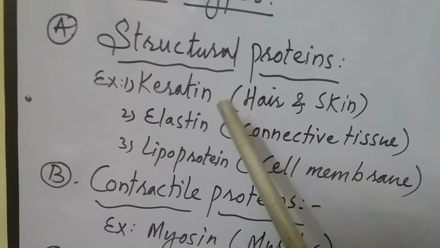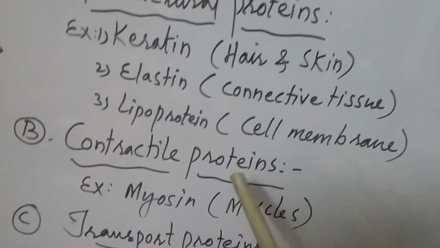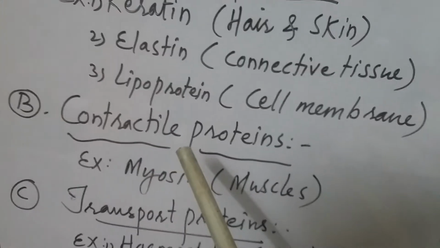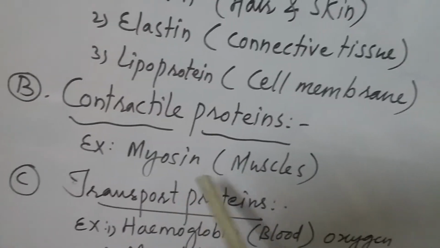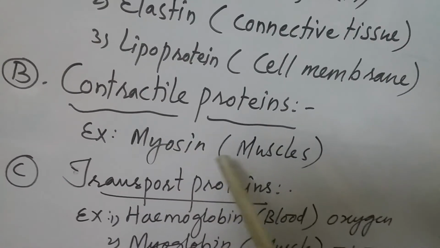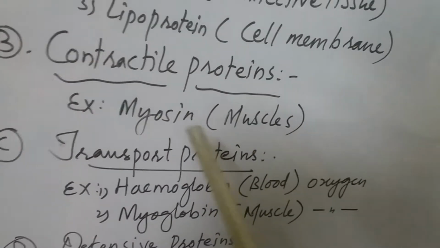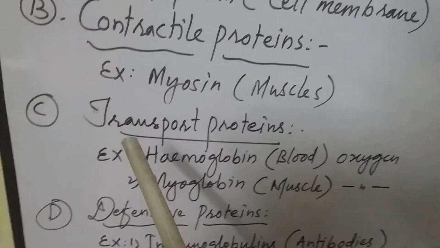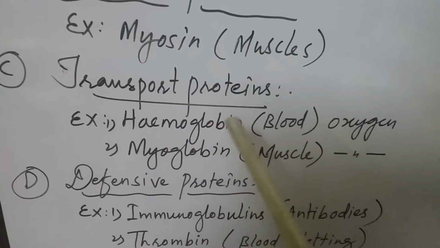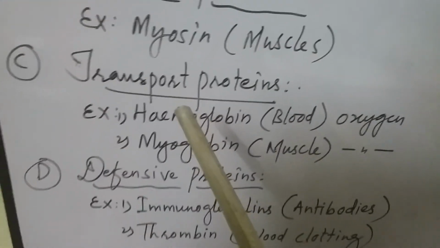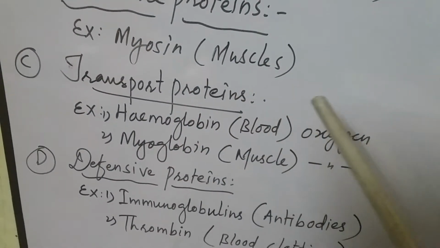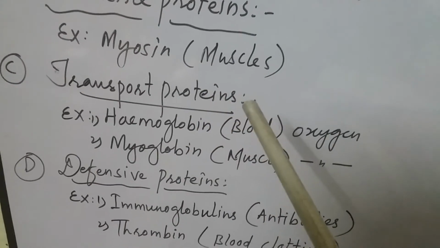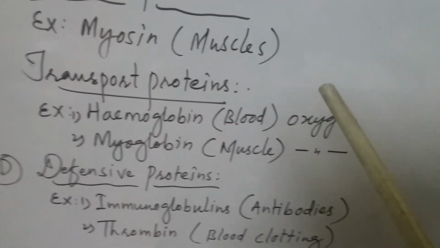This is structural protein. Contractile protein is another type, and this contractile protein is found in the muscles. For example, myosin protein is present in the muscles, and it is important for the process of contraction of the muscles. While the third type of protein is the transport protein, and as you know by its name, this protein plays its role as an important protein for the transportation of certain materials.